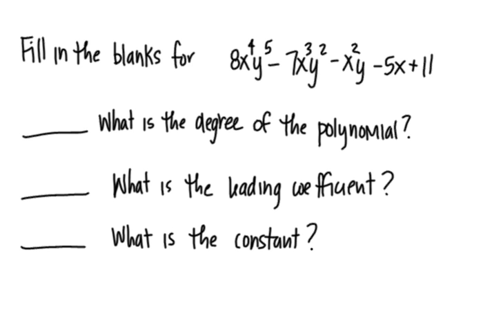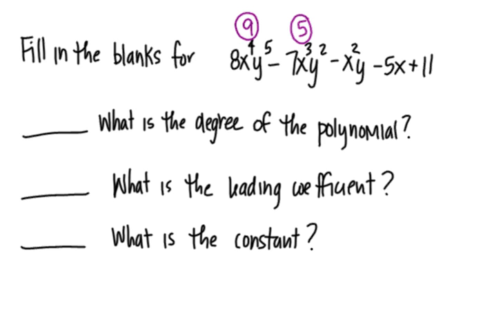So here's what that definition that I spoke of earlier meant. In my first term, 8x to the fourth, y to the fifth, if I sum up my exponents, I get the number 9. So that's the degree of that term. My next term is 7x cubed y squared, so 3 plus 2 would give me a degree of 5.